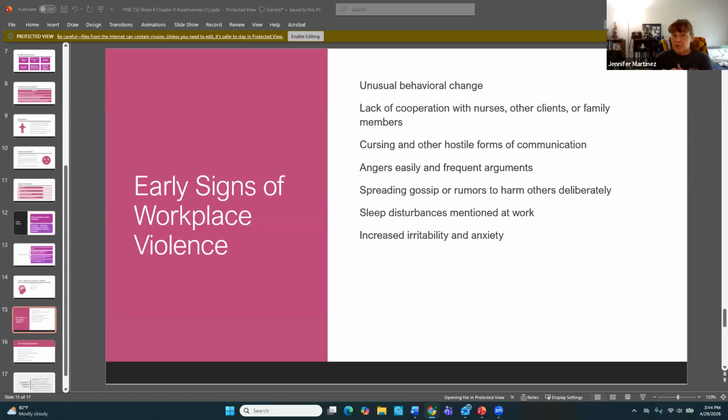They spread gossip or rumors to harm others deliberately, again part of that bullying. Uninvited sexual remarks, hostile responses, increased irritability and anxiety, and they mention that they have some sleep disturbances. Not all sleep disturbances are going to lead to workplace violence, but if you start to see a pattern and they have more than one of these symptoms going on, then that is something we need to pay attention to.